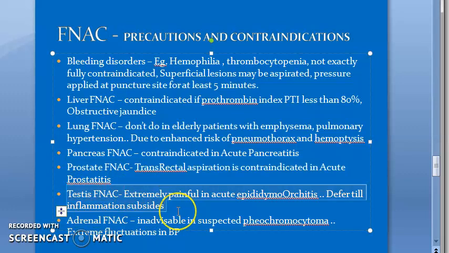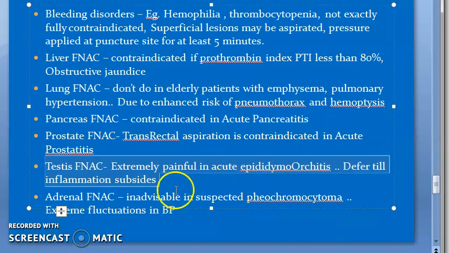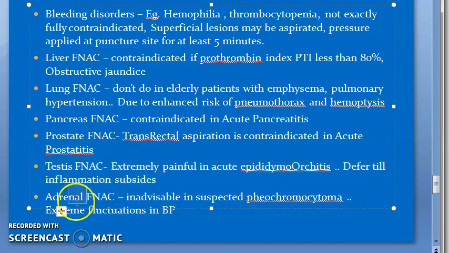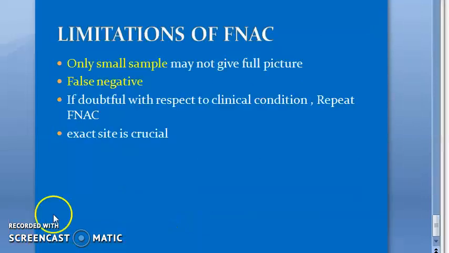Testis, if there is acute epididymo-orchitis, then don't do FNAC because it will be extremely painful. So you defer till the inflammation subsides, you wait. Adrenal FNAC is not at all advised if a person is suspected of having pheochromocytoma, because there can be extreme fluctuations in blood pressure.